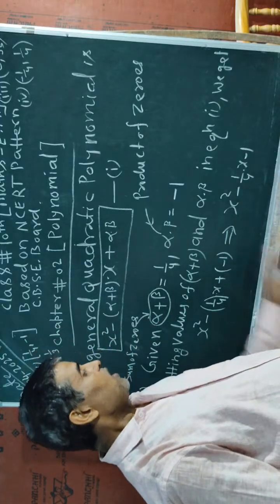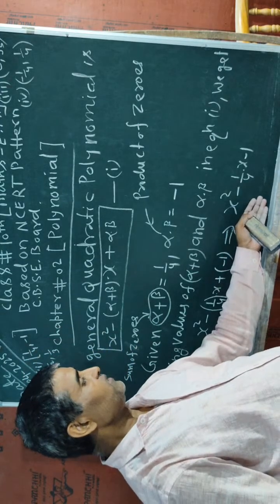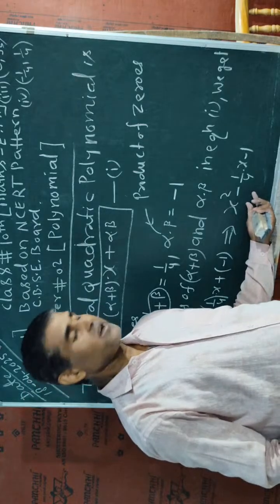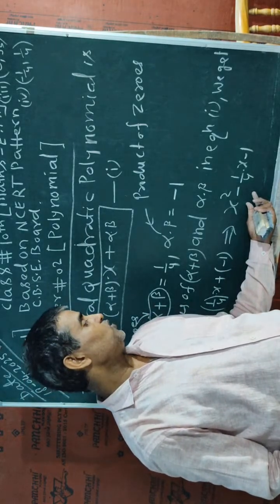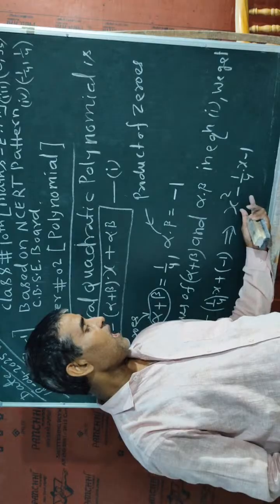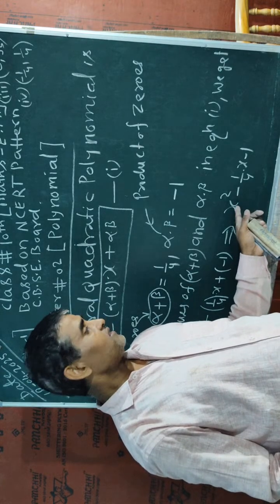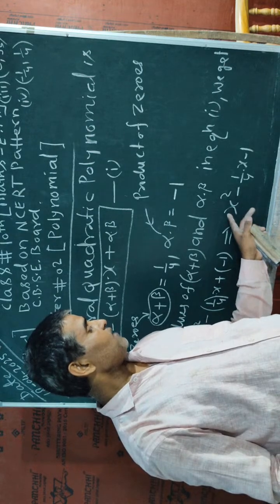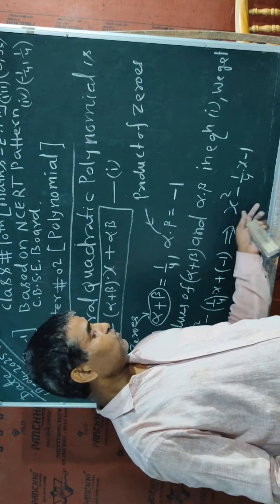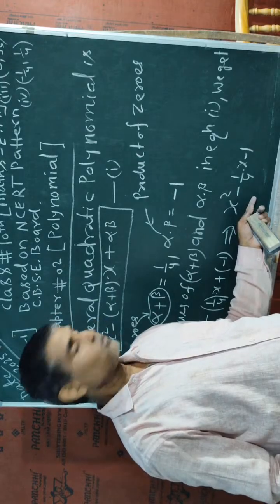Okay students, again now I am going to simplify it. This is a particular quadratic polynomial, and I will not leave this quadratic polynomial in this form. I will make changes in this quadratic polynomial.